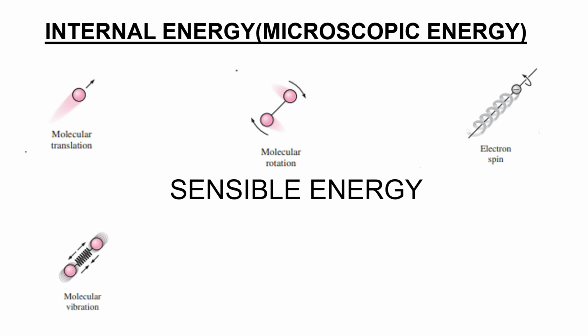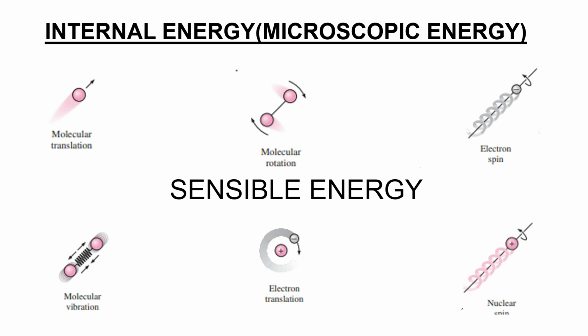And then you have the molecular vibration, because these molecules vibrate along their axis, and because of this vibration, they have an energy, just like a spring. Now you have the electron translation; it also moves, so because of that it has an energy, called electron translational energy.